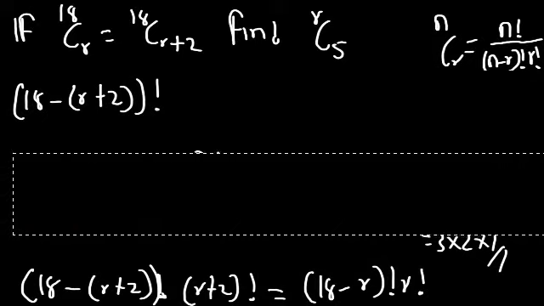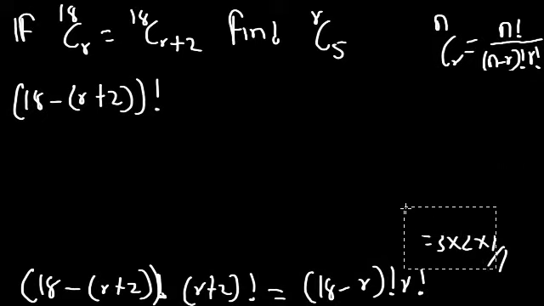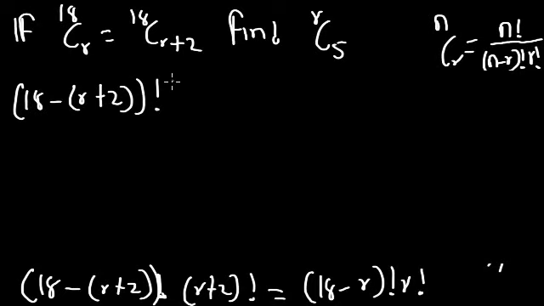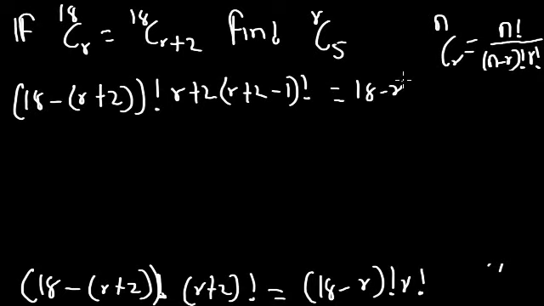So I will reduce r plus 2 factorial until I have r factorial. So first, I will have r plus 2. Then now I will remove 1: r plus 2 minus 1 factorial. So that will be equal to 18 minus r factorial, r factorial.